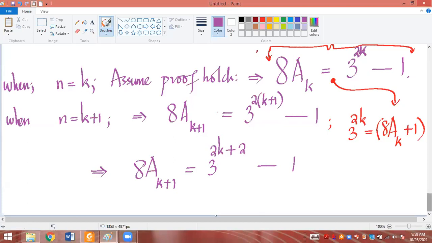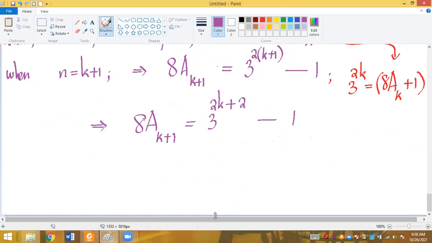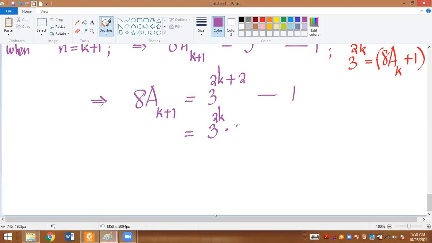If you reverse it by laws of indices, you can end up writing it as 3 to power 2k times 3 to power 2 minus 1.